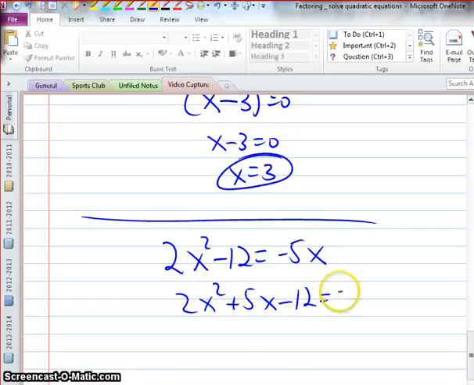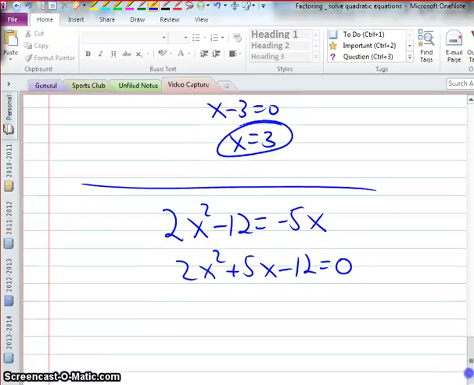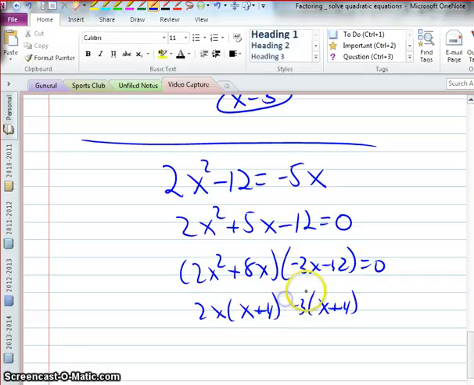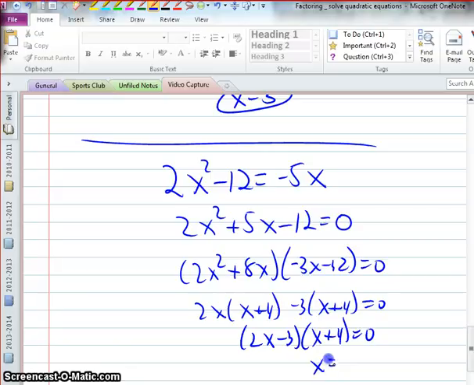Then this one's similar to the problem we just had, which factored into 2x squared plus 8x, negative 3x minus 12 equals 0. And you know the rest from here: 2x minus 3 times x plus 4. X is going to be 3/2 or negative 4.